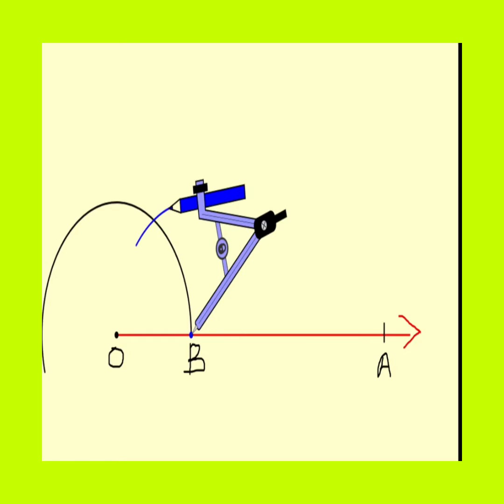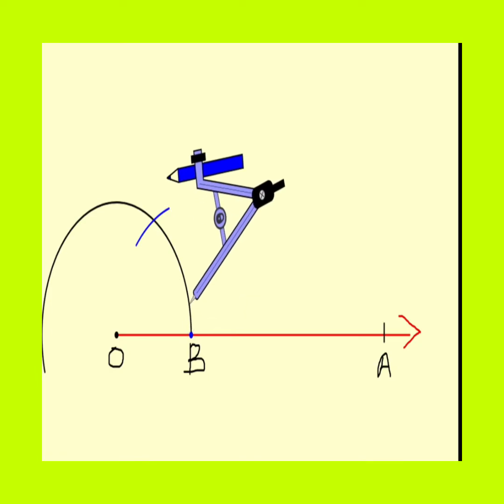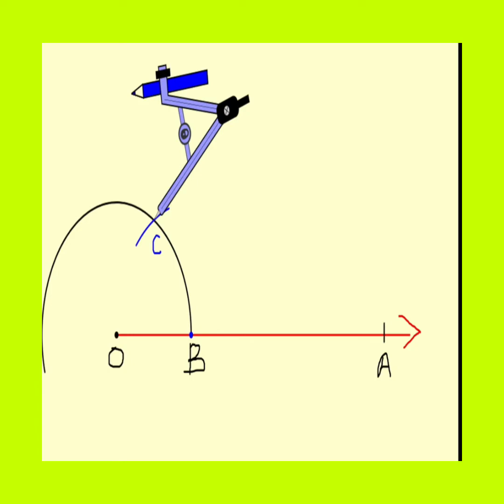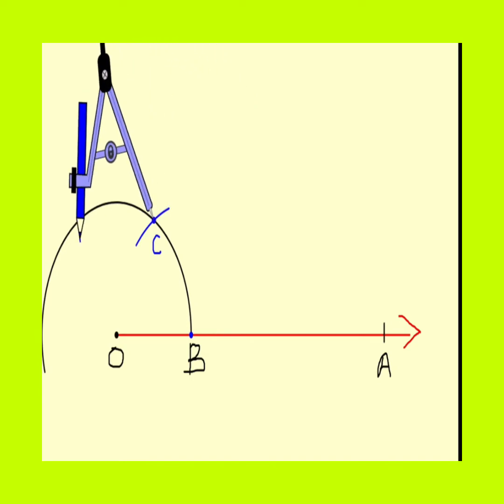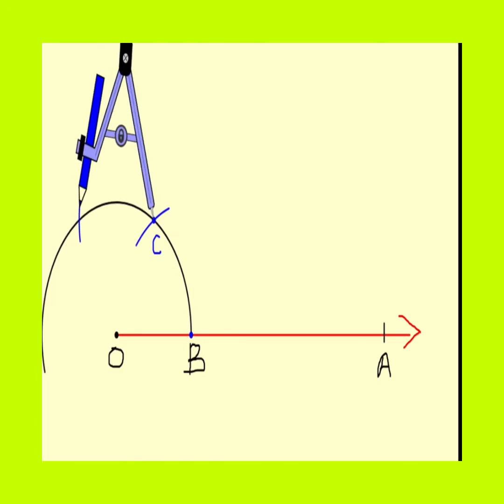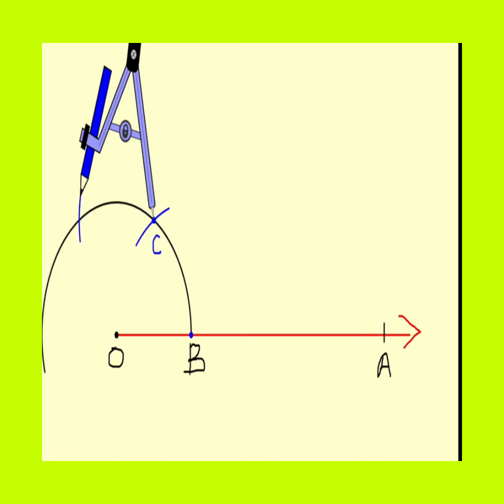After drawing this arc, you can observe that this arc intersects the semicircle at a point. Let this point be C. Now, placing the pointer at C, again without changing the distance of the compass, you will draw another arc. I think this step is also very clear.